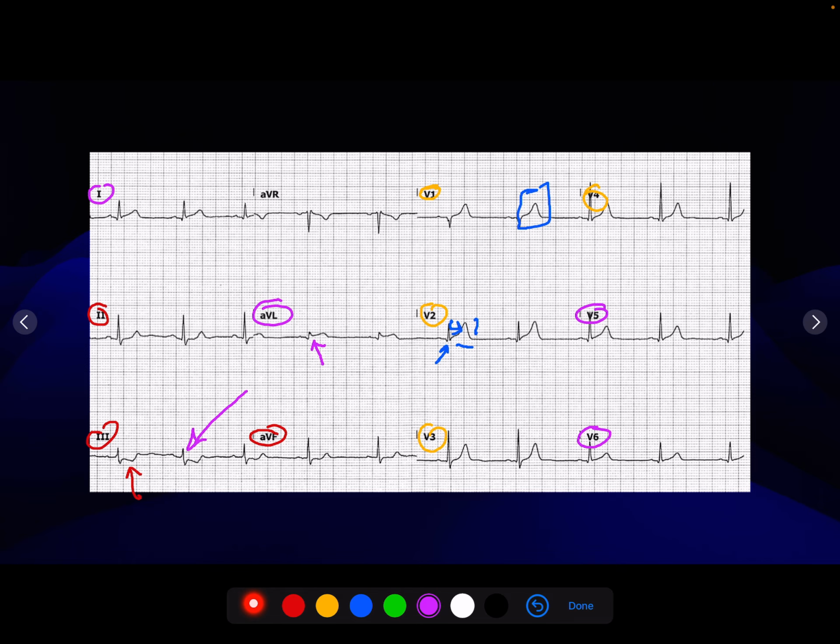And then you marry that to these hyperacute T waves, and this is someone who needs to go urgently to the cath lab, and this is somebody who would not necessarily meet your more typical or your more standard STEMI criteria.